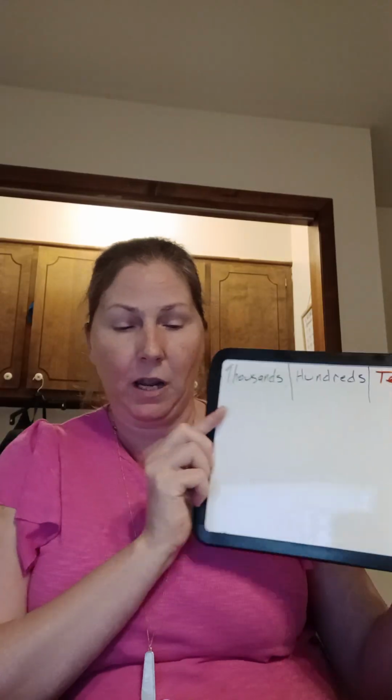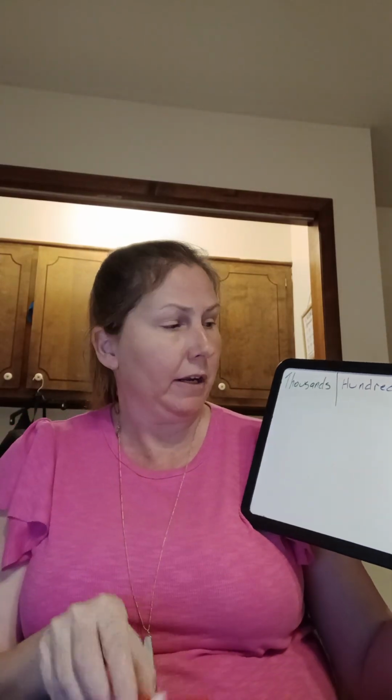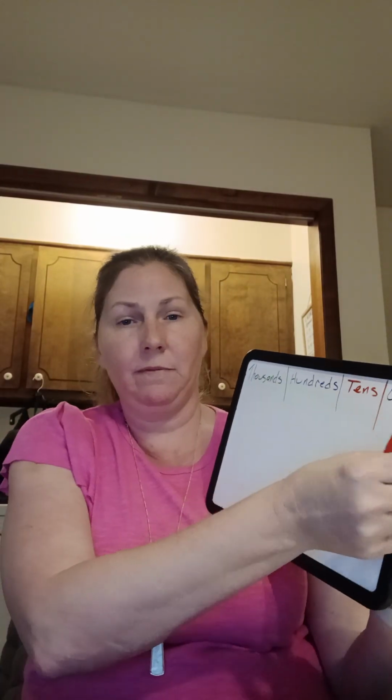Pause. Okay, I should have wrote the number out for the prior example, which was the concrete part of our CRA approach. And this is our number, 3034. All right, so I'm going to move on to the representation part, which is to draw. And I'm just going to write the numbers under here.